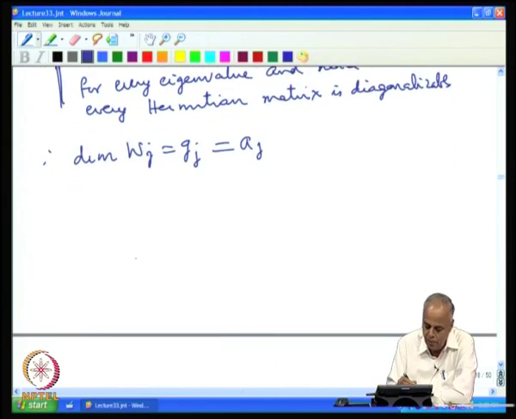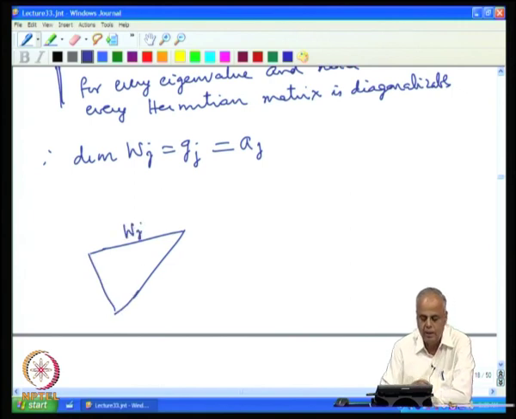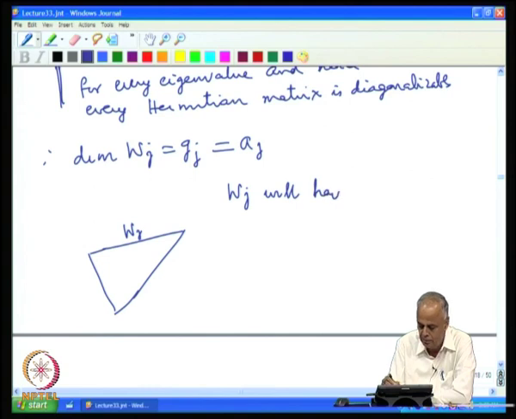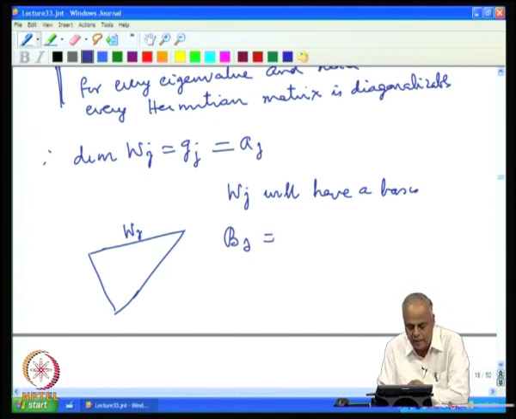Therefore, if I look at this piece Wj, its dimension is Aj, therefore, Wj will have a basis. Let us call it Bj. How many vectors will it contain? Since the dimension is Aj, it will contain Aj vectors.